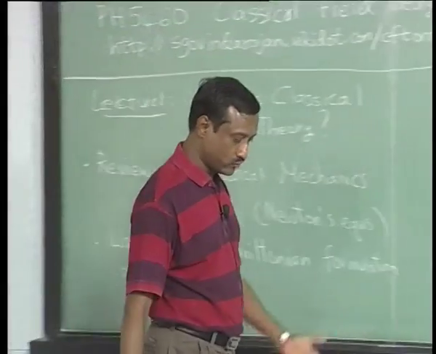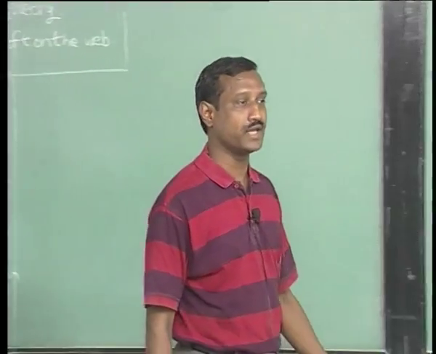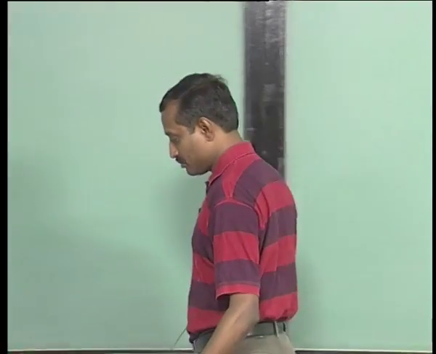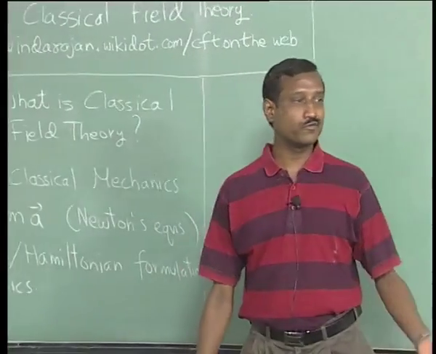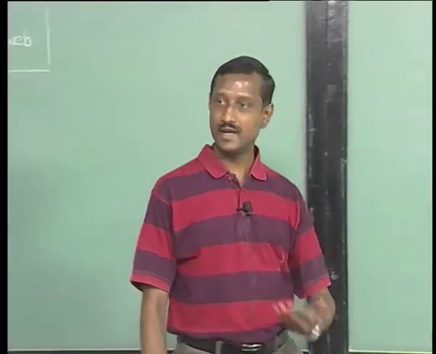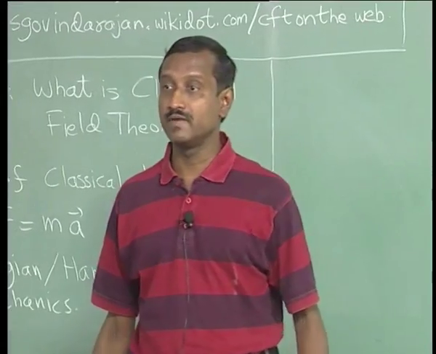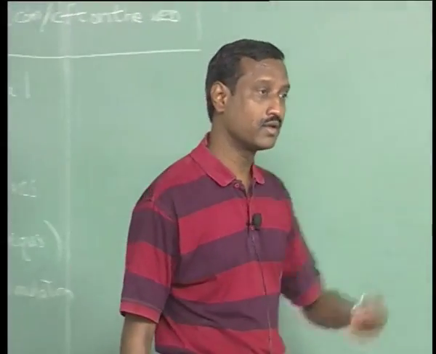And most of the forces in mechanics that one looks at are usually velocity independent. Of course, friction is an example of a force which is velocity dependent, it is dissipative. But there is one more velocity dependent force which is not dissipative, it is conservative. What is that? The electromagnetic force.